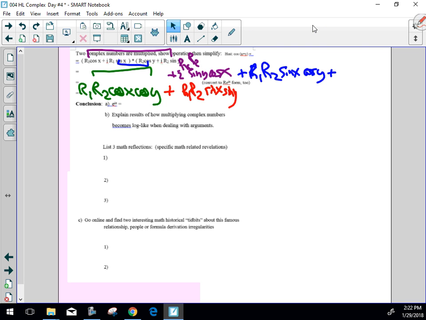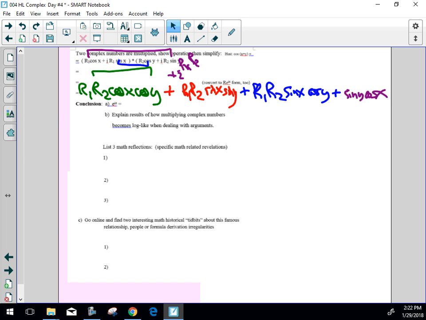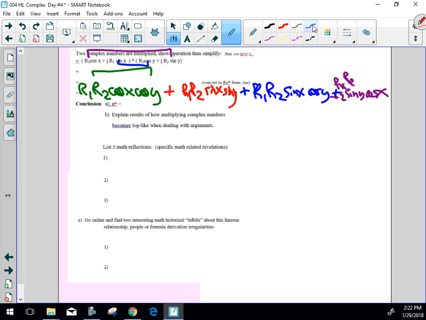And that's going to leave, I'm trying to see which ones I want to put first. I'm going to put this one first. And this one last. Forgot the little R1, R2 here. There's an i here. So factor out an R1, R2.